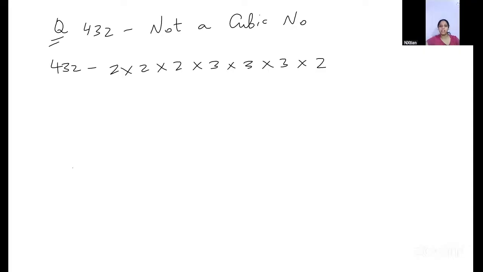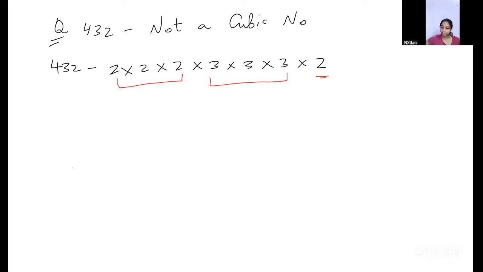Correct. Now, we will make groups. This is one triplet. This is another triplet. This factor is left. With this, we can conclude that 432 is not a perfect cubic number.